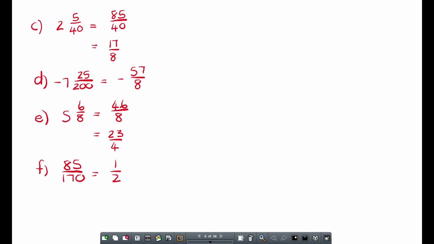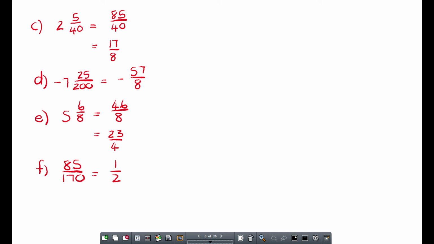It didn't state specifically that you had to make it an improper fraction. Then D, same thing. If you made it an improper fraction and then simplified, it would have been minus 57 over 8. Or you would have had minus 7 and 1 over 8. Okay, you guys good there?